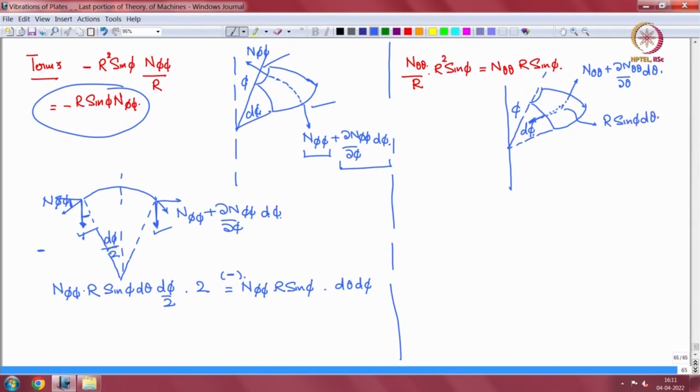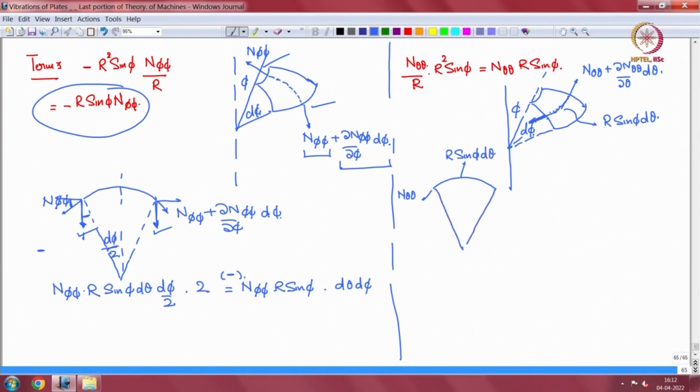And these two forces, this line element, are in a single plane where it goes through the center. It's like a pie. Okay, so if I draw it in the plane, they will look like this. So this is N theta theta. This length is approximately r sin phi d theta.